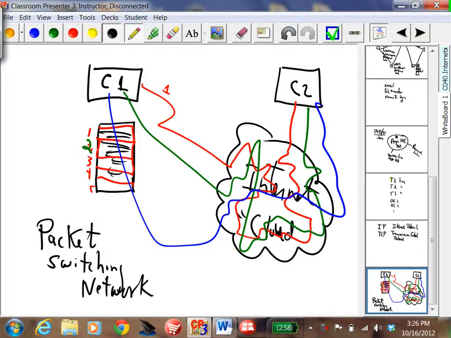Now, when they arrive at C2, it's not true that packet number 1 actually gets there first. They arrive in some order, not necessarily the order in which they were sent out.